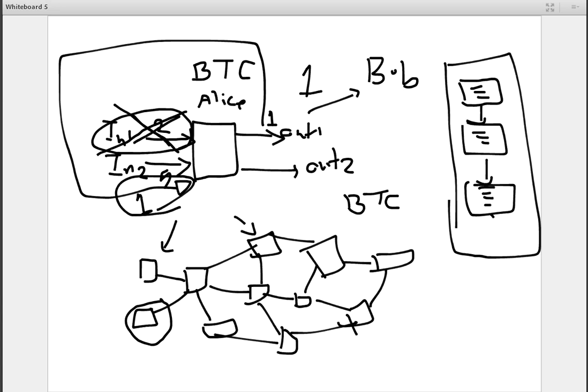Now, suppose that Bob is here and Alice is here. Suppose that Bob wants to send 1 Bitcoin to Alice. Using a software, Bob creates a transaction, and by that software he chooses his address, Alice's address, and the amount, creates the transaction, and multicasts it to the network.